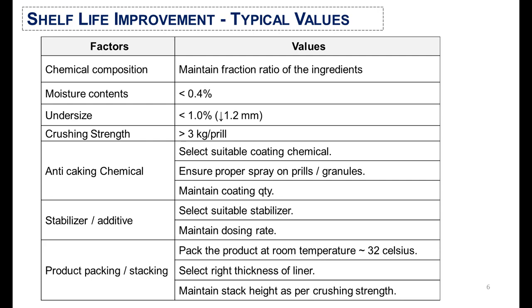The product should be packed at room temperature, typically 32 Celsius, and it also depends upon the site weather conditions. Third, select the right thickness of the liner, so that it properly protects the fertilizers from external moisture, and maintain the stack height during the storage of a fertilizer according to the crushing strength of the prill or the granules.